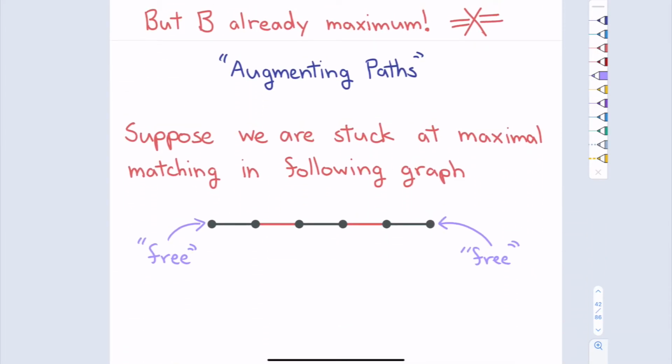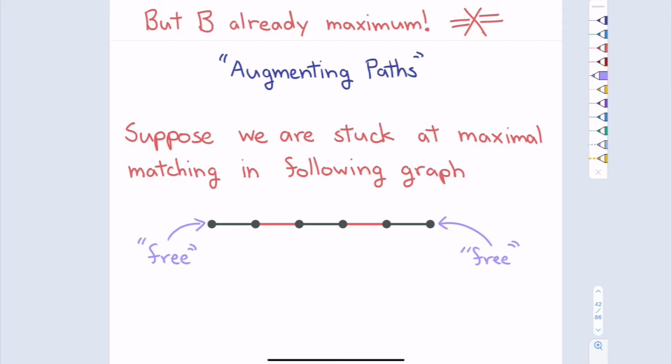So that suggests an idea that's very familiar to us. Let's say here's a very simple graph with two edges in my matching highlighted in red, but of course not the maximum. The maximum is 3, taking the outer edges. Algorithmically, how might I find one of these augmenting paths?